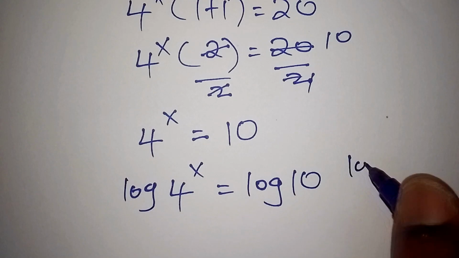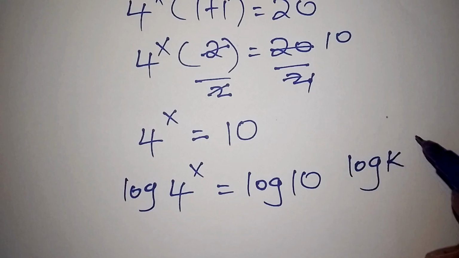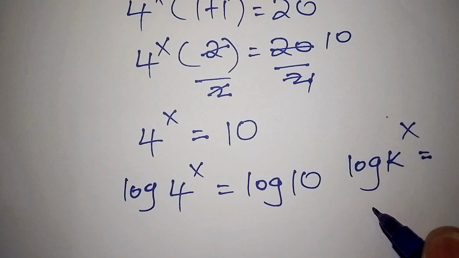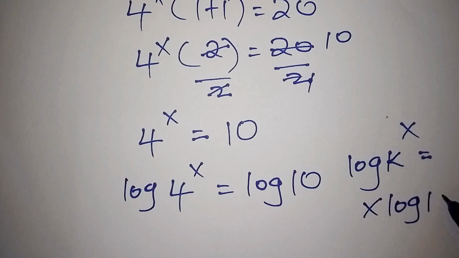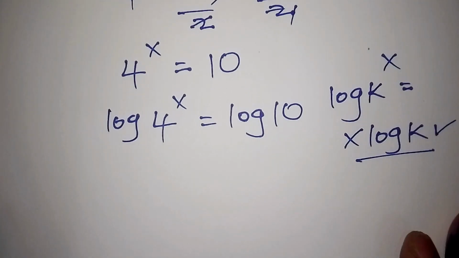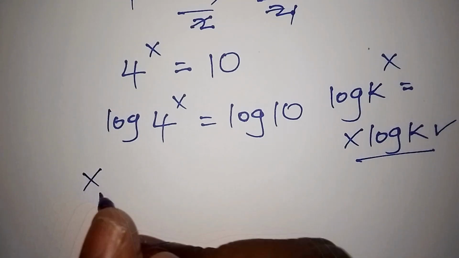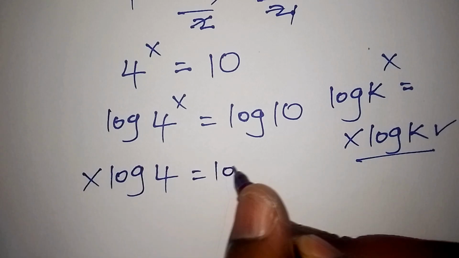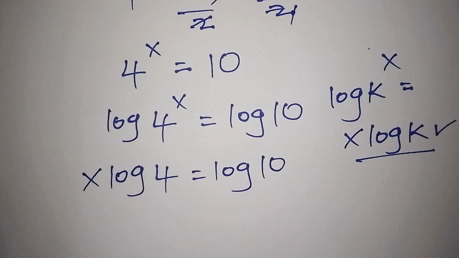When you have, for example, the log of k to the power of x, this can be written as x the log of k. In this case we shall have x the log of 4 is equal to the log of 10.